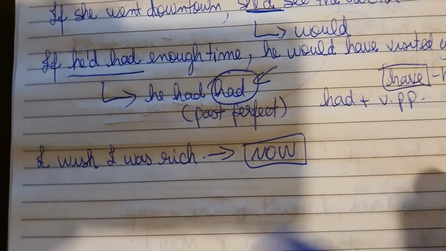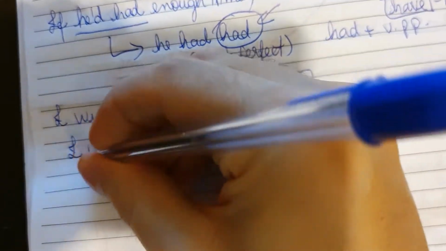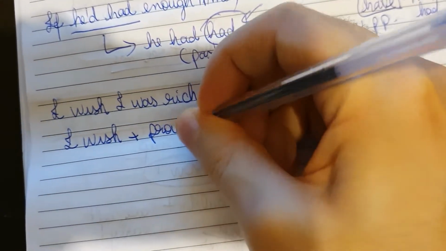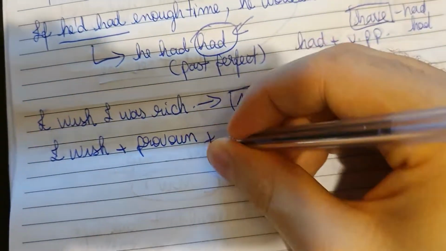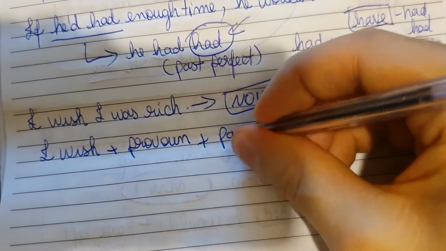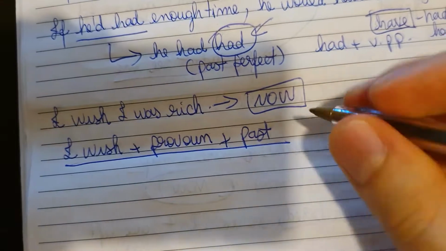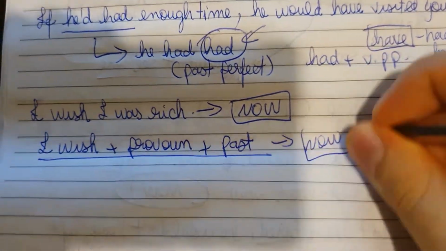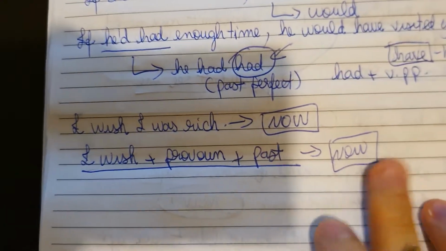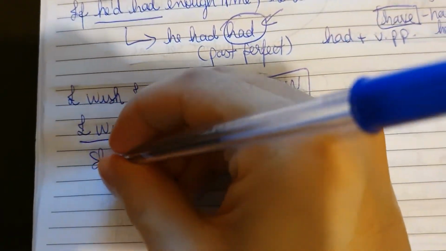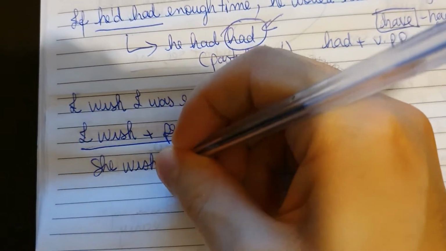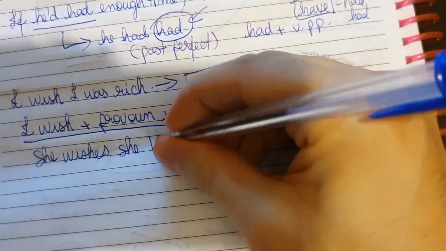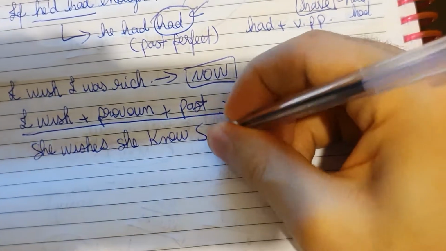So, when you have I wish plus pronoun plus a verb in the simple past, this structure refers to a situation now, right? Now, she wishes she knew Spanish.